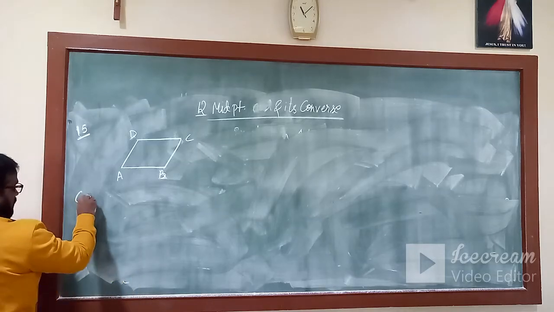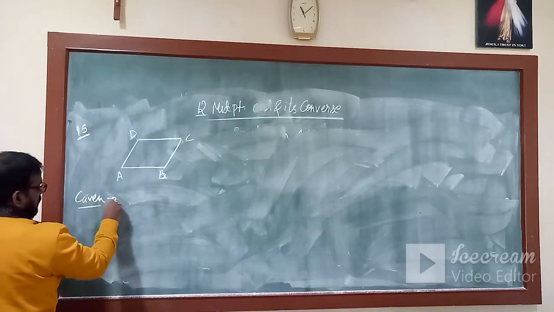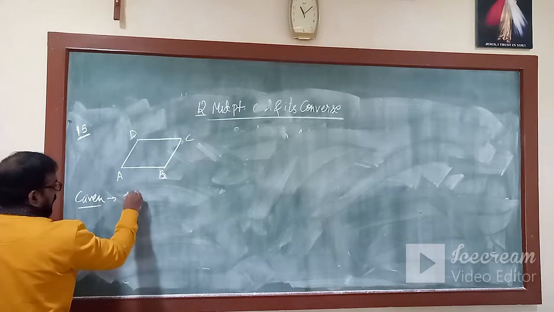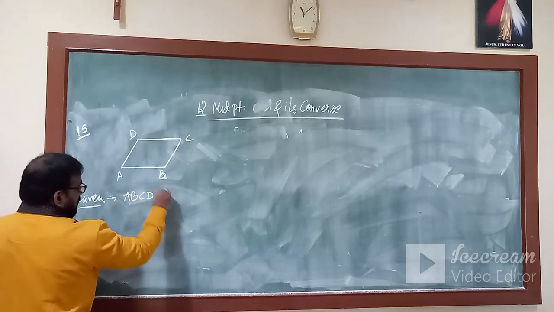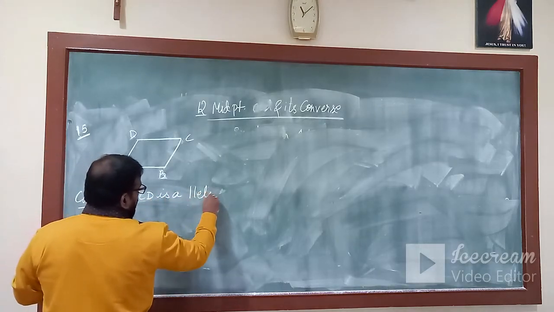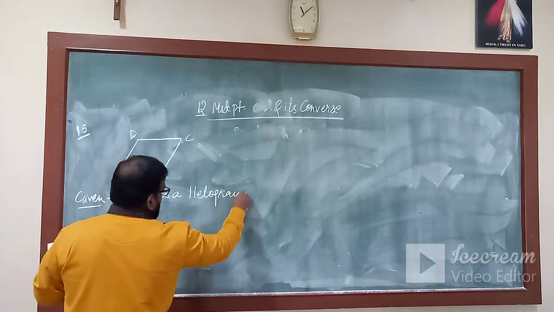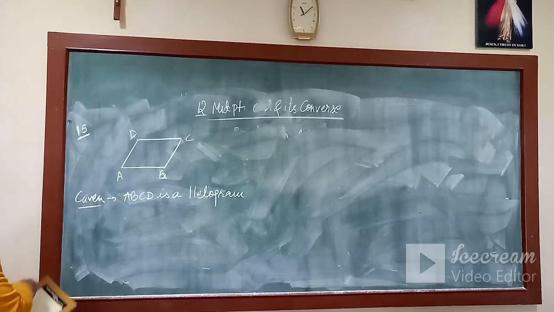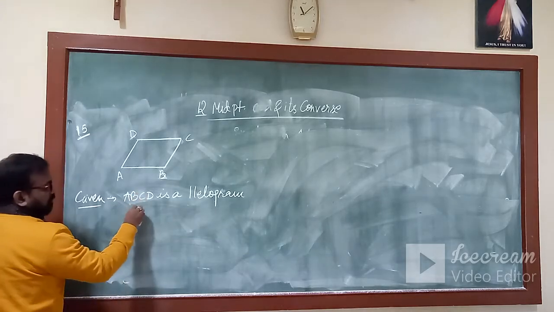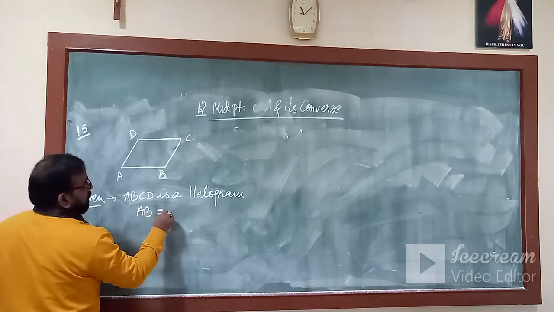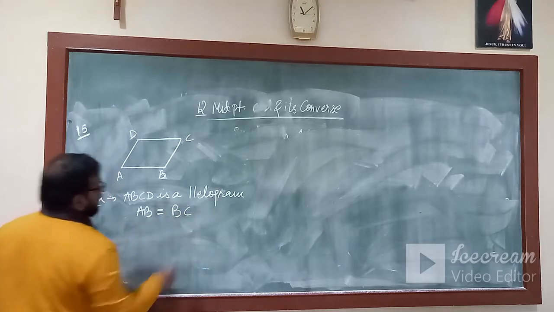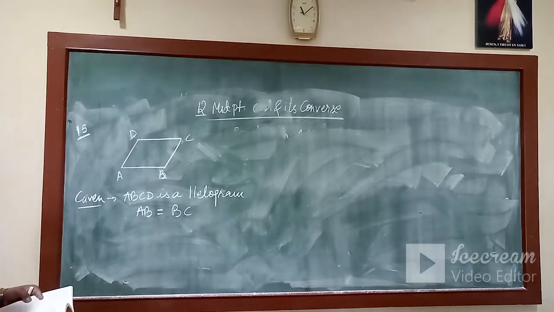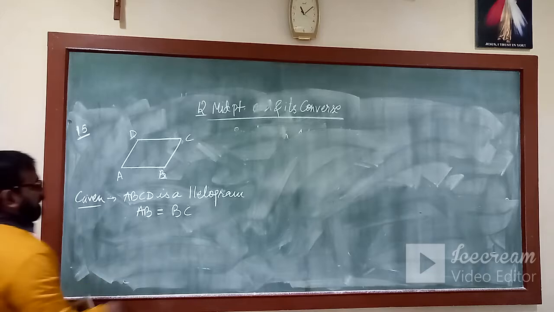What is given? Given is ABCD is a parallelogram and adjacent sides of parallelogram are equal. So AB equal to BC is given and one of the diagonal is equal to one of the side.